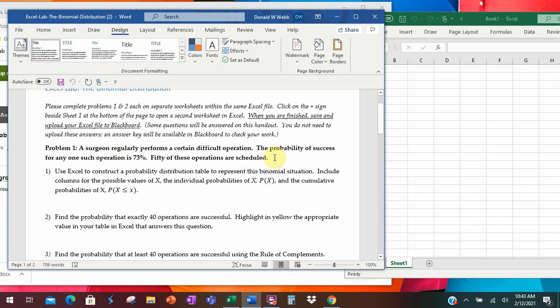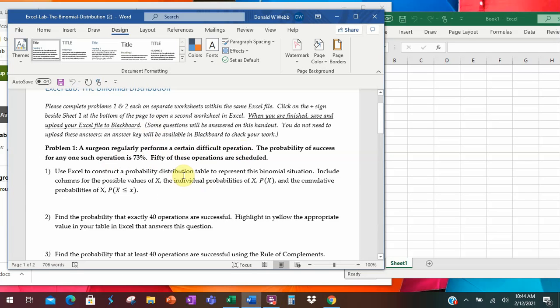Then I'm going to grab a set number of trials, a big sample, and ask: out of this group that I'm pulling out of the population, what would be the probability of a particular number of successes, from 0, where none would be successful, all the way up to all in the group being successful or carrying that characteristic.